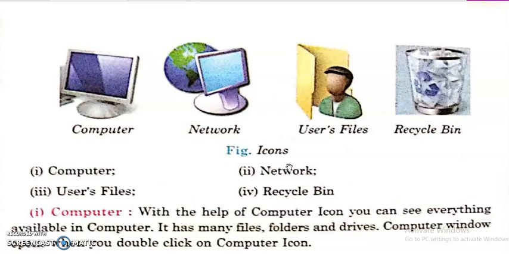For some time it will keep the deleted item in the Recycle Bin, so that in future if we need to get things back, we can use the Recycle Bin to restore those items. So these are the four main default icons created by a computer on a desktop.